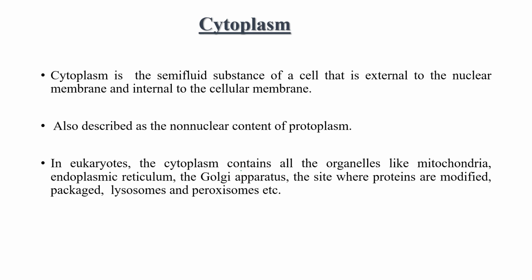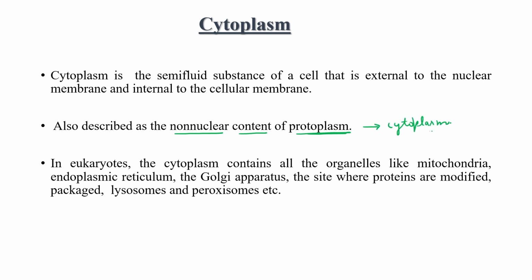Now, cytoplasm. Cytoplasm is the semi-fluid substance of a cell that is external to the nuclear membrane and internal to the cellular membrane. That's why we can also use the term non-nuclear content of protoplast for cytoplasm.